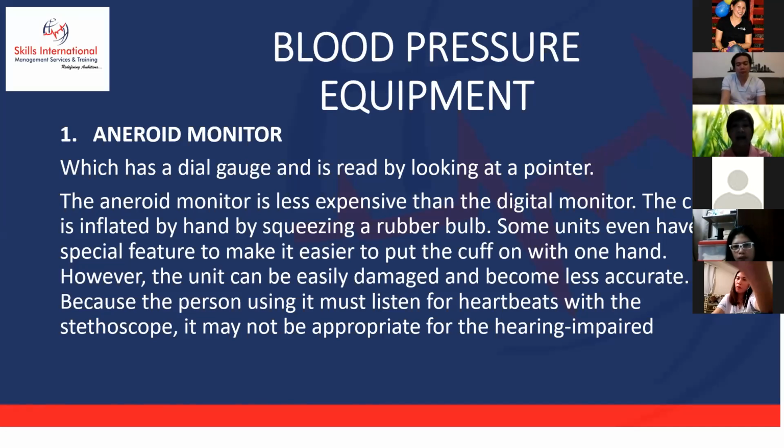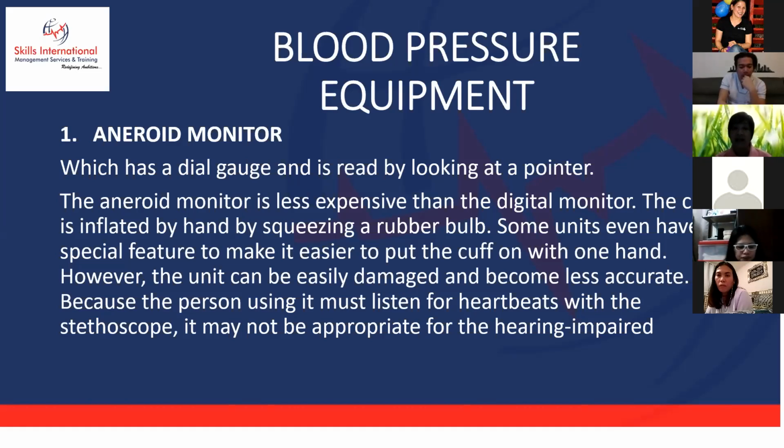There is a dial gauge, read by looking at the pointer. That round thing is the dial gauge, which has a pointer. The aneroid monitor is less expensive than the digital monitor, because the digital is more expensive nowadays since there is no need for you to pump the cuff. But the aneroid monitor is most preferred by doctors because, according to them, it gives an accurate blood pressure measurement.